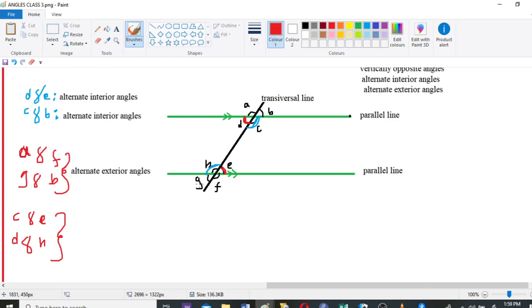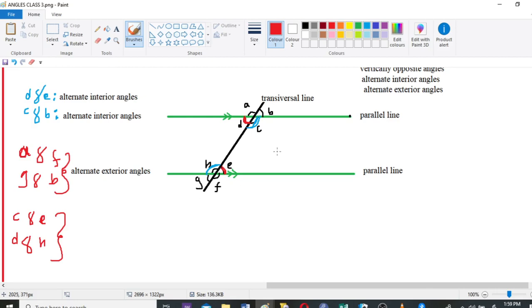Now, what are they called? These two angles, because they are found on the same side of the transversal line and they are between two parallel lines, when we add them, they give us 180. So we can say they are supplementary angles.